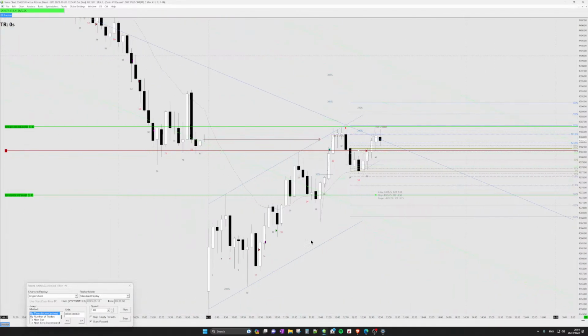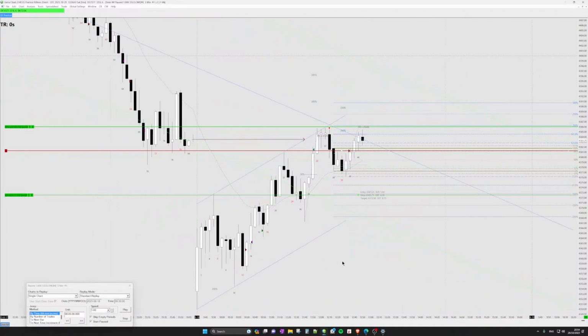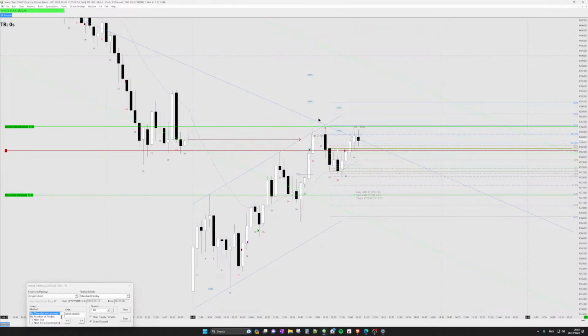Maybe there is no wedge, because at some point that was the wedge, then it failed, and it can provide a measured move. Also that big wedge, another measured move up if it failed here.